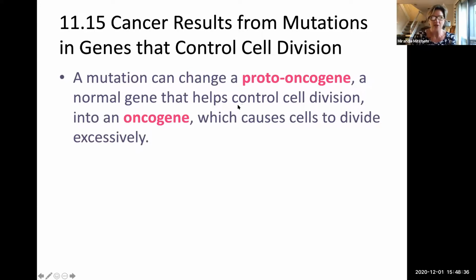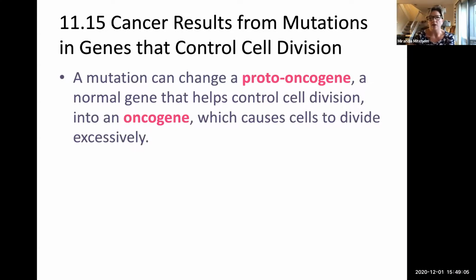So actually, when I went to graduate school, I graduated in 2003, and my major was immunology with a focus on virology. I learned at that time that there was one virus that was associated with changing proto-oncogenes into oncogenes, and that was the human papillomavirus that can lead to cervical cancer.